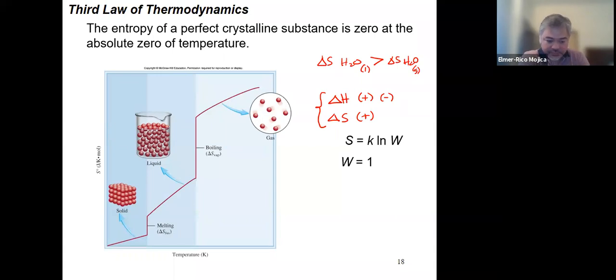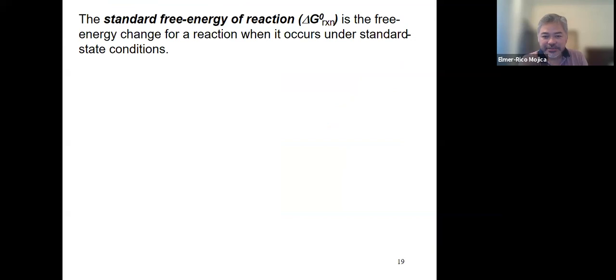Okay. And before we answer that question, they introduce another thermodynamic unit. And this is what we call the free energy. Now, the free energy, as we go on, is related to the delta H and the delta S. If you look at the free energy, they use the symbol G, and you might ask why, just like the entropy, why is it S?